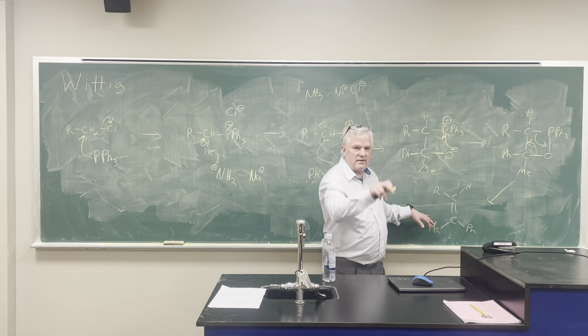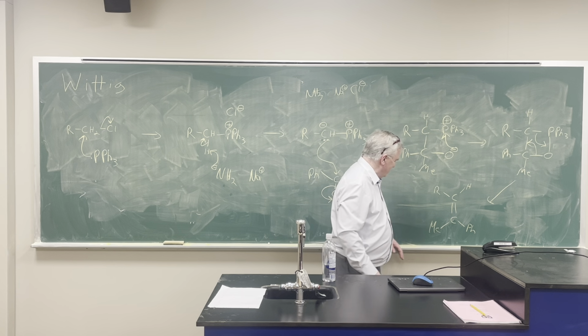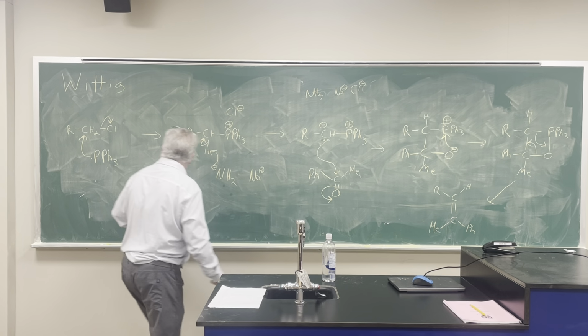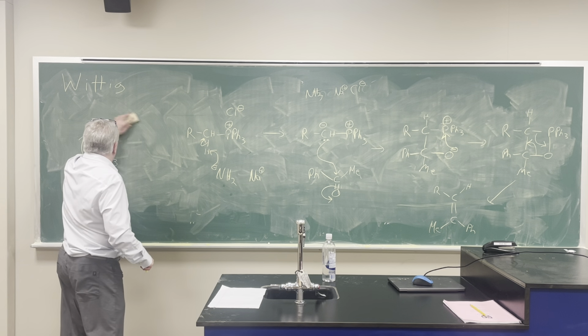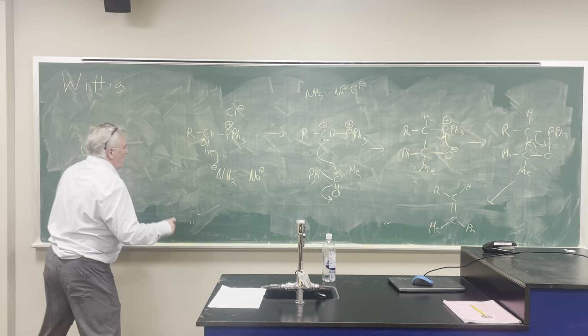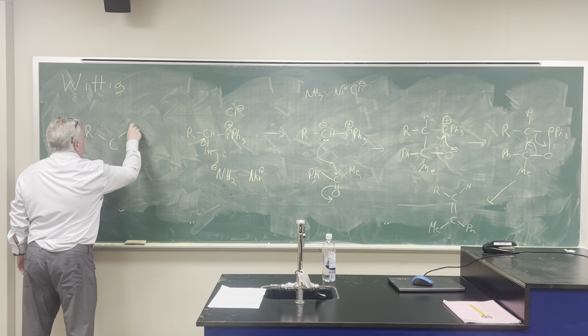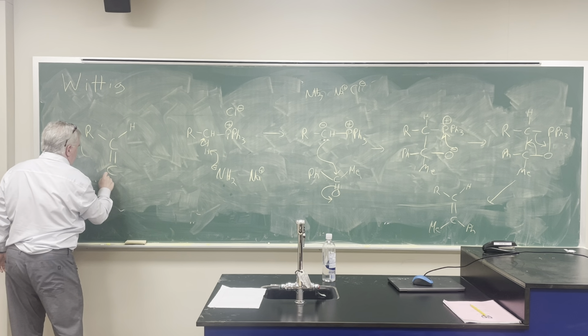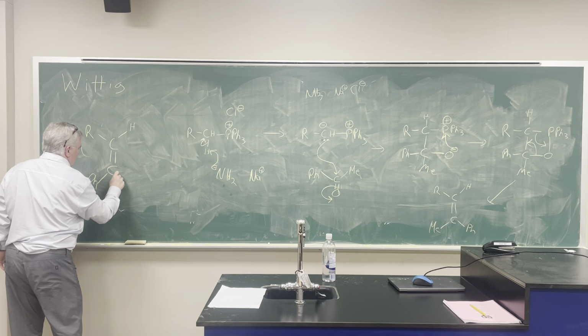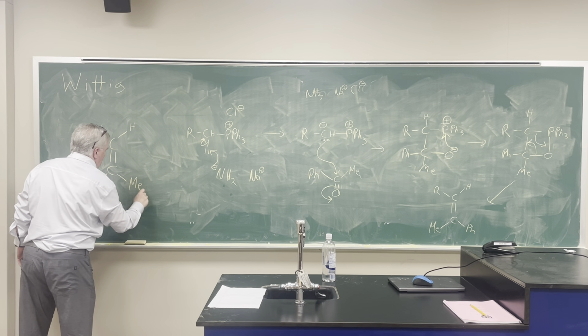So can you see it? Okay, let me try over here. So this is what I drew over there. We have R, C, H, double bond, C, here's the Ph, and here's the Ne.